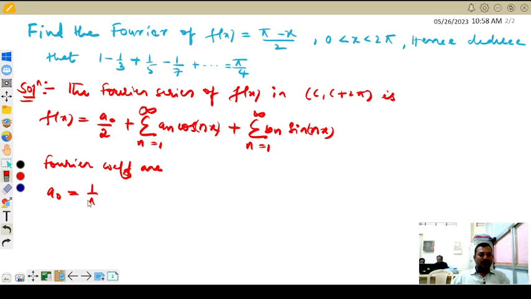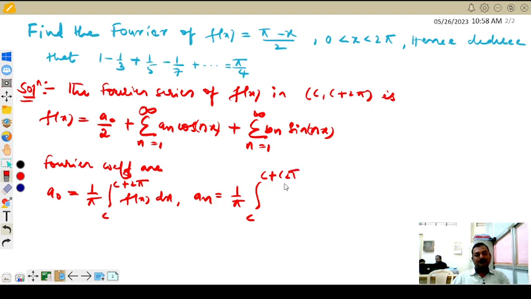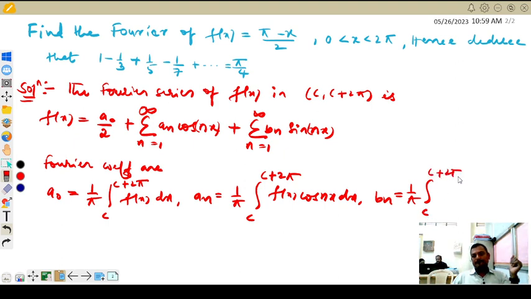Fourier coefficients are a naught equal to 1 by pi integral from c to c plus 2 pi f of x dx, a n is equal to 1 by pi integral from c to c plus 2 pi f of x into cos nx dx, and b n is equal to 1 by pi integral from c to c plus 2 pi f of x into sin nx dx.